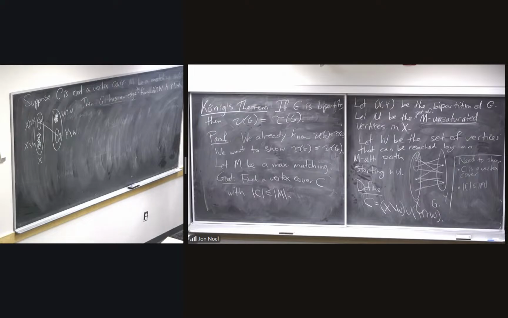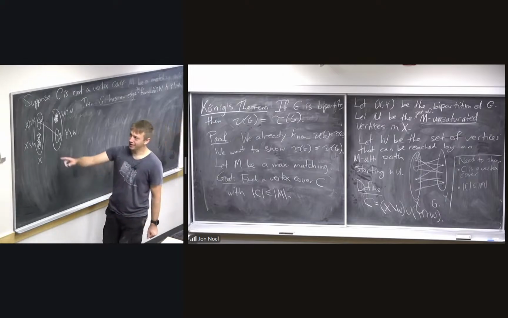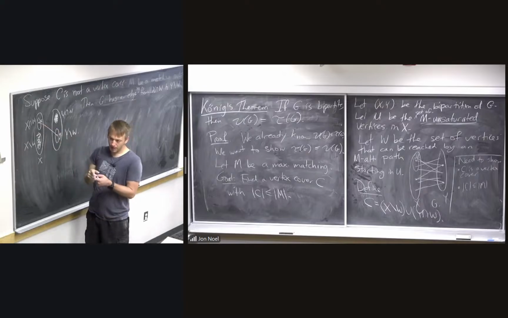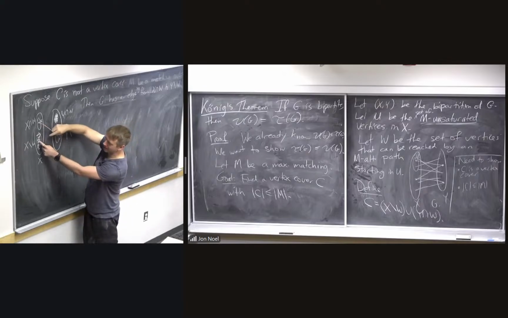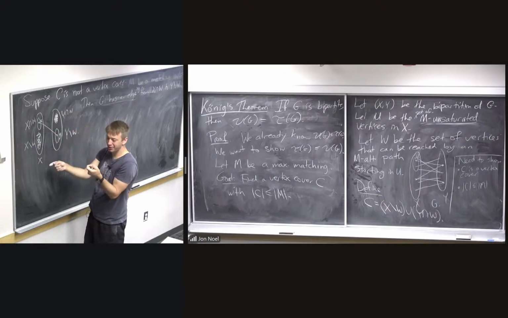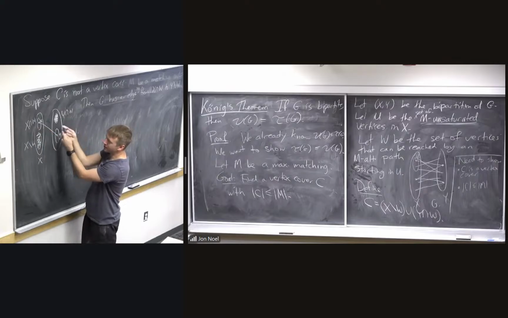Because the edge would be an M alternating path? Yeah, exactly. Because this is in W, there's some alternating path that can get to this x. As we observed, the first edge of the alternating path is always not in M. The first edge starts in U, and so it's not in M. The second edge is in M, and so on. So when the alternating path entered this vertex, it was a matching edge.